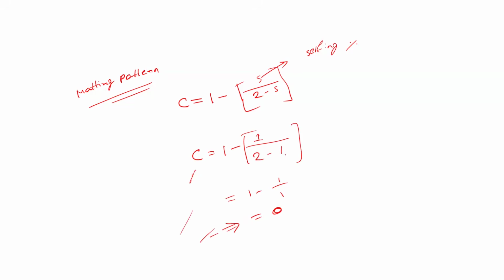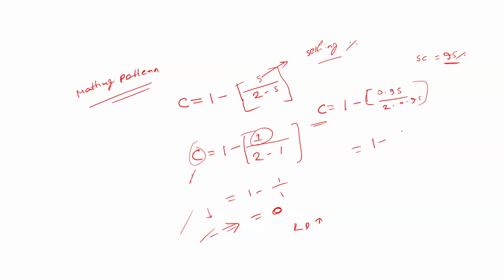If the selfing rate is 95%, what will be the crossing over rate? If the crossing over rate is reduced, the LD block will be high. With s equal to 0.95, it is (1 minus 0.95) divided by (2 minus 0.95), which is 0.05 divided by 1.05.